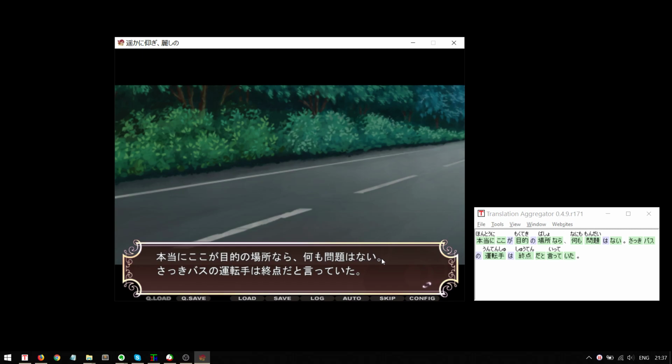本当にここは目的地の場所なら何も問題はない。さっきバスの運転手は終点だと言っていた。Here he's saying, 本当にここは目的地の場所なら, this is conditional. So saying if this part is true.